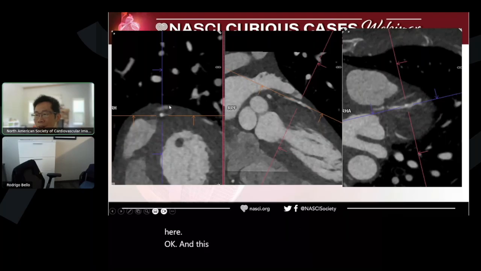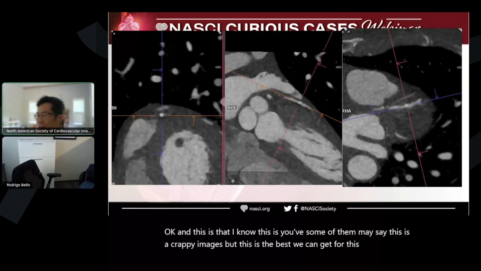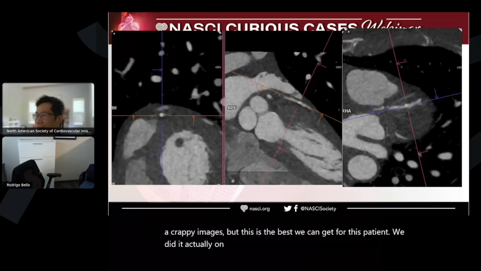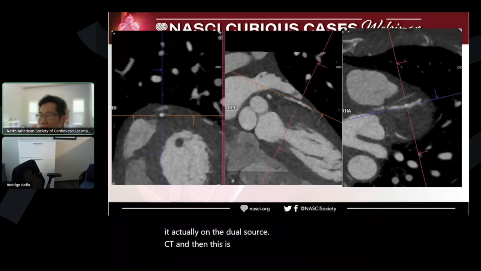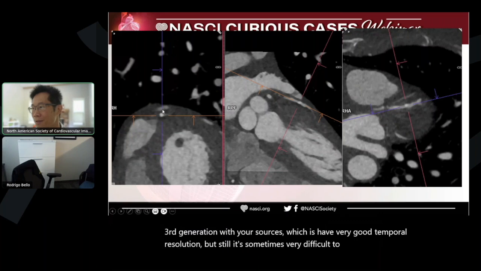I know some of you may say this is crappy, but this is the best we can get for this patient. We did it on the dual source CT, the third generation of dual sources, which has very good temporal resolution, but sometimes it is still very difficult to see the details in a patient like this.